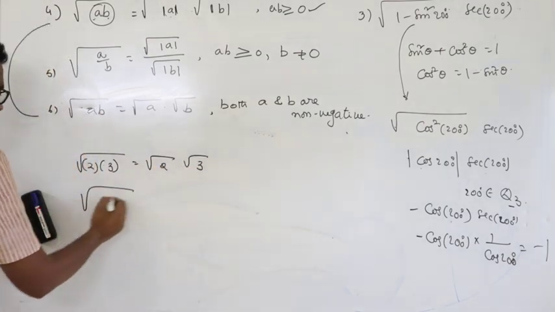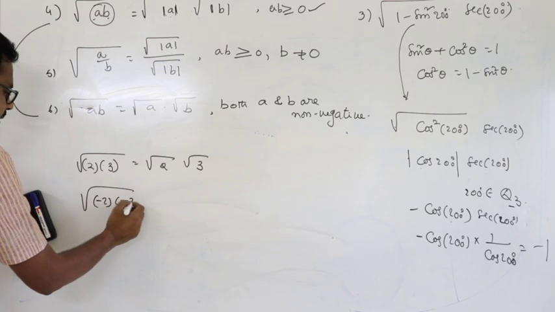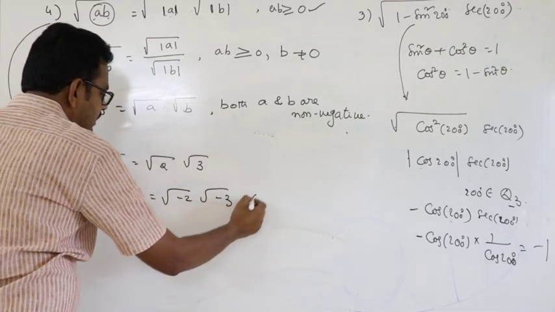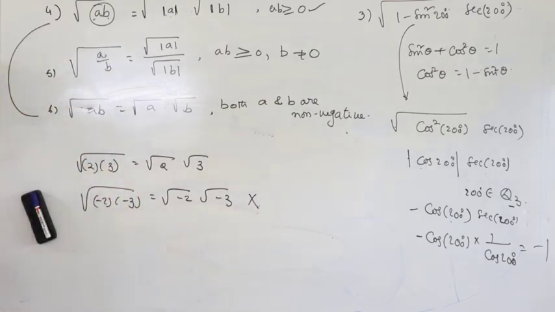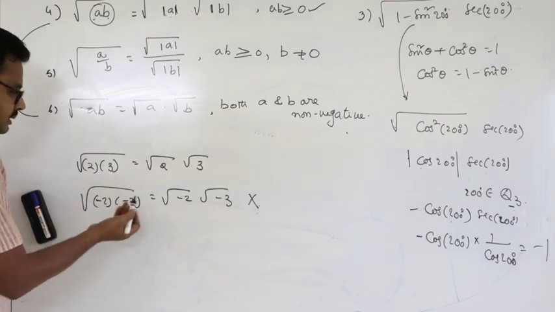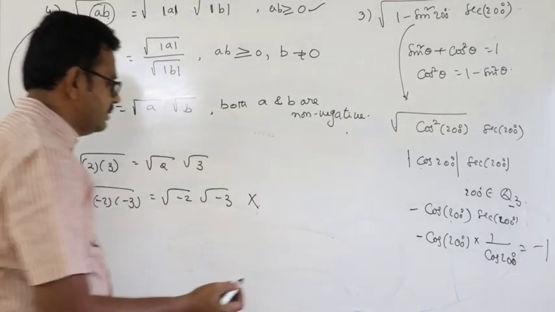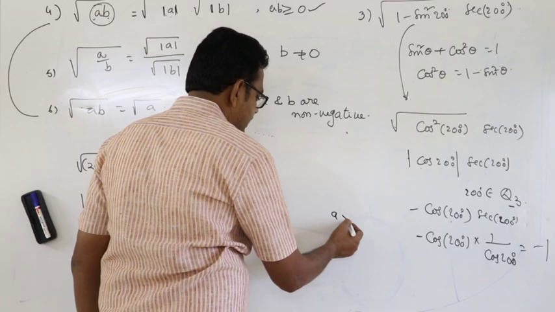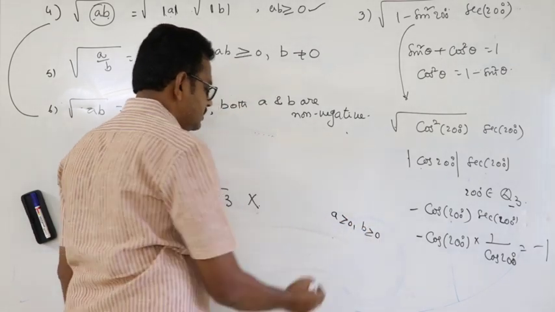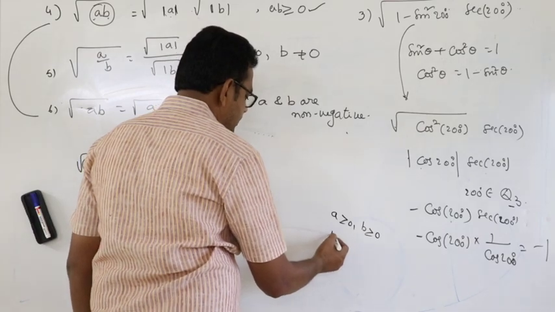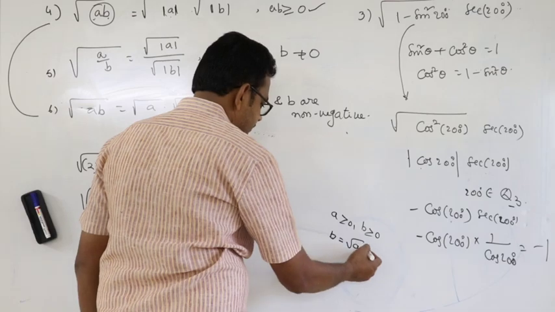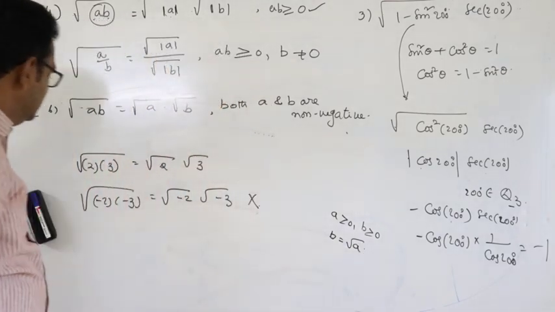Suppose it is root of minus 2 into minus 3 equal to root of minus 2 into root of minus 3. This is wrong, because minus into minus is plus, root 6. According to the definition, A is greater than or equal to 0 and B is greater than or equal to 0, so both are positive.